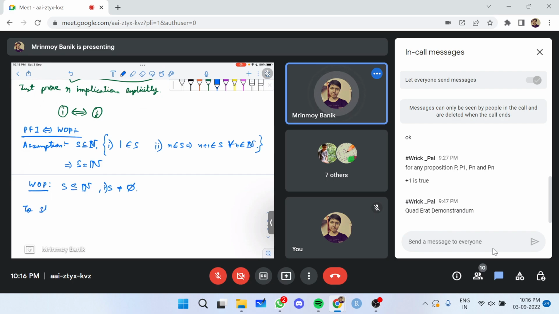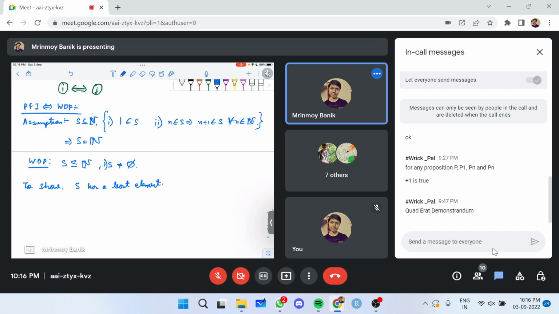So to show S has a least element, how do we do that? We can define a new set T. T is just N without S. So all the elements that are in the natural numbers but not inside S are inside T.